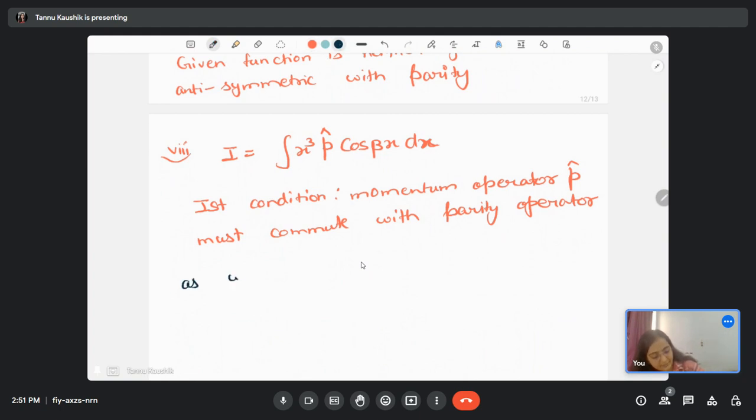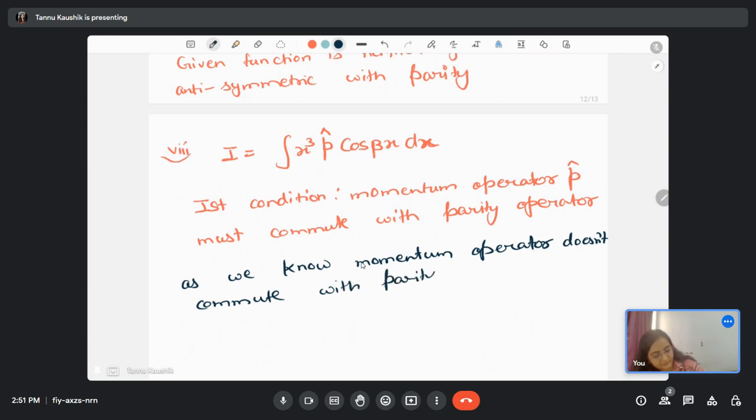But in our earlier examples, we have already found out that the momentum operator doesn't commute with the parity operator. Therefore, I is not equal to 0.